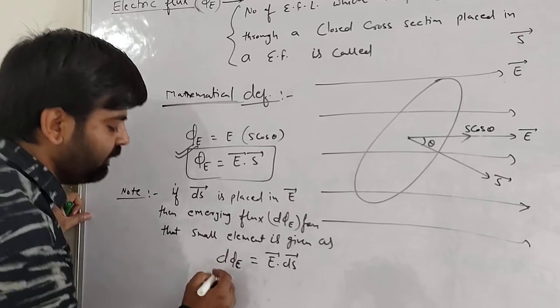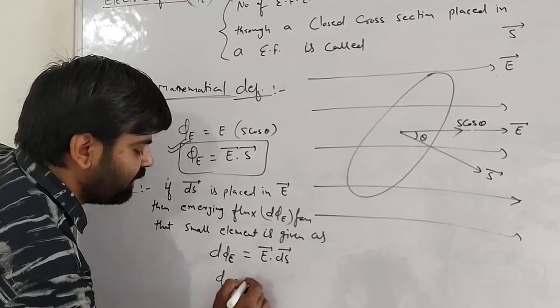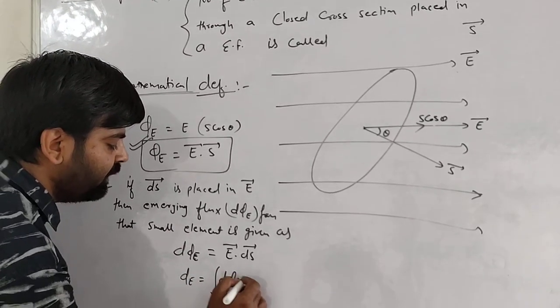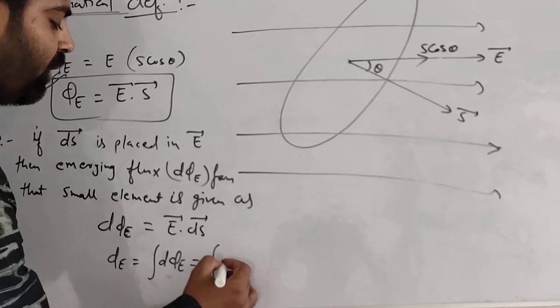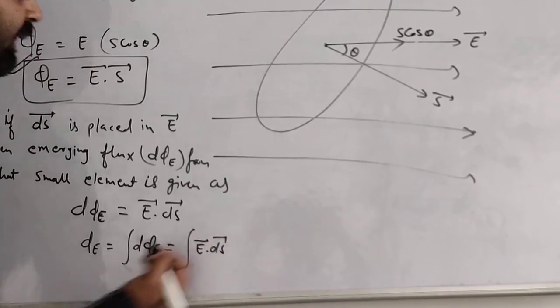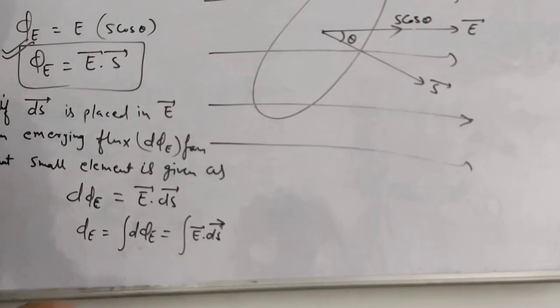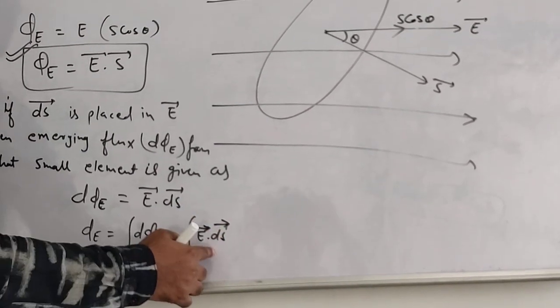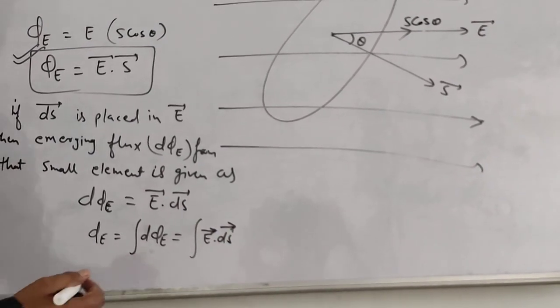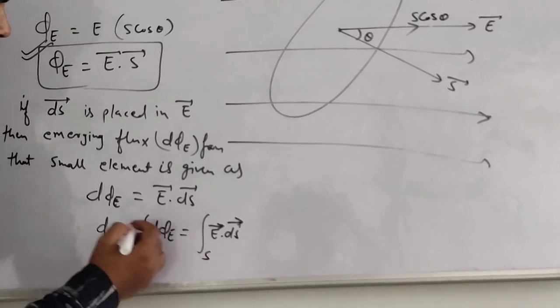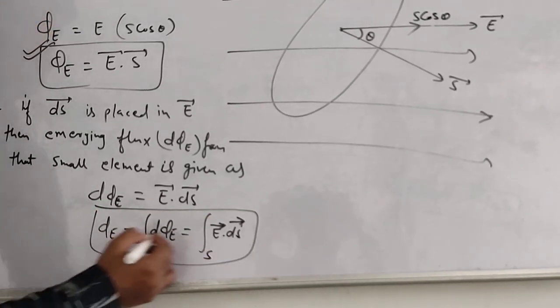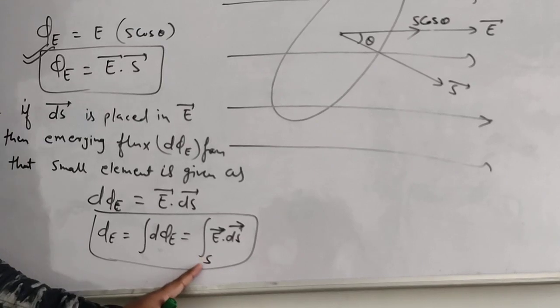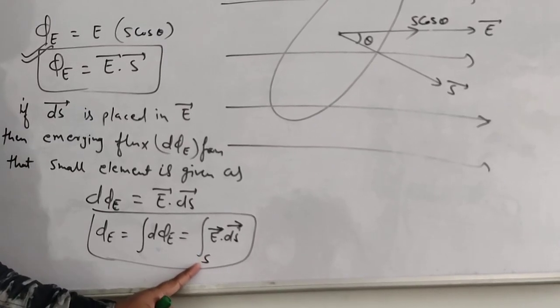Integration of d phi is equal to integration of E vector dot ds vector, around the surface. We denote the bottom of the integral by s, and it is called a surface integral.